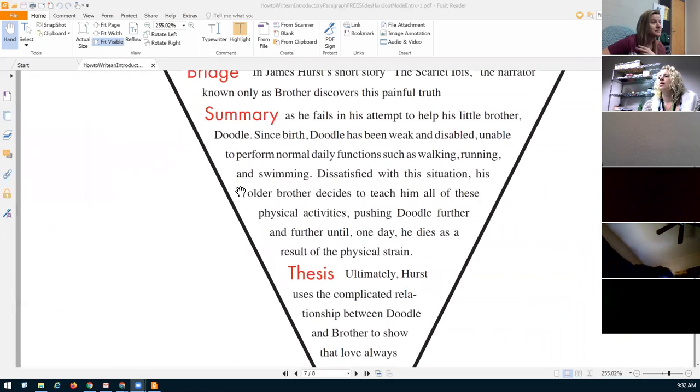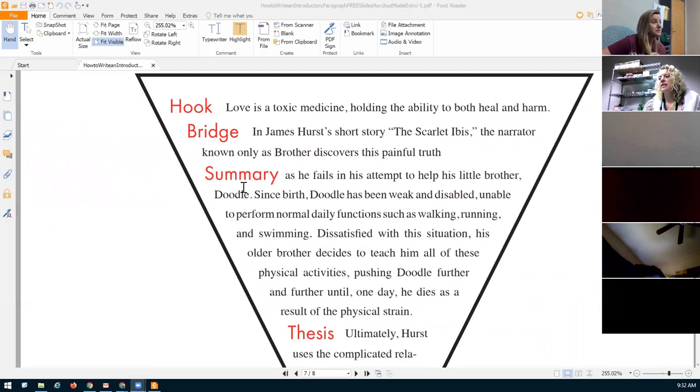All right, so this is an example of what something could look like. A hook could be, love is a toxic medicine, holding the ability to both heal and harm. In James Hurst's short story, The Scarlet Ibis, the narrator, known only as Brother, discovers this painful truth as he fails in his attempt to help his little brother, Doodle.